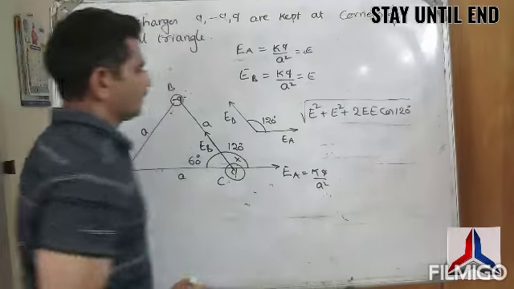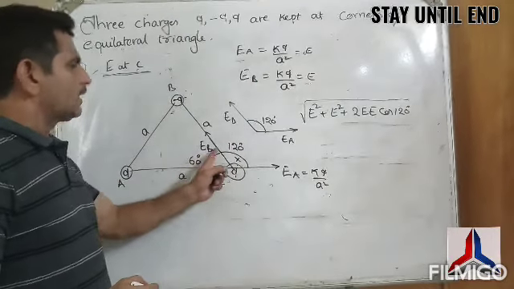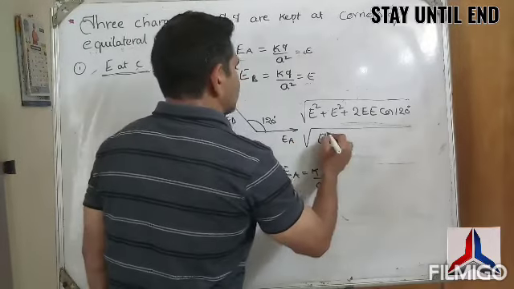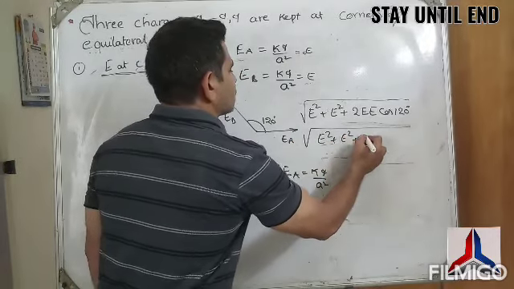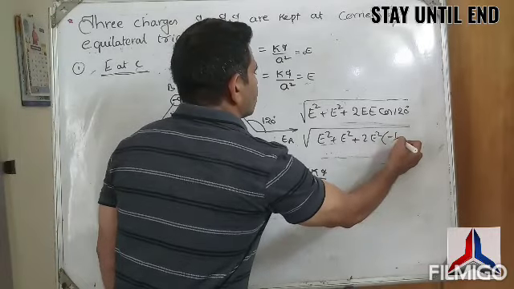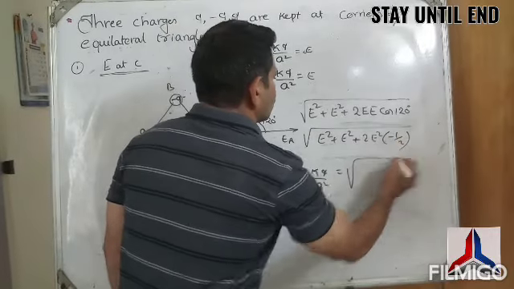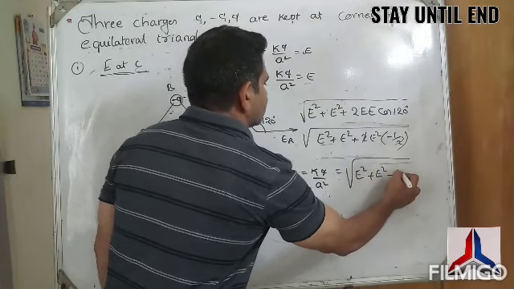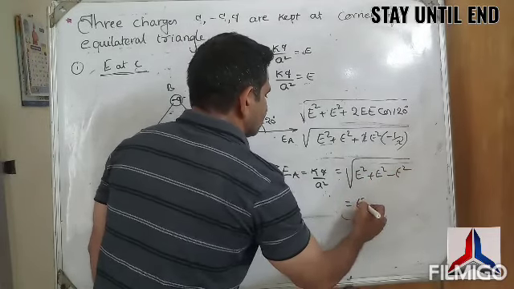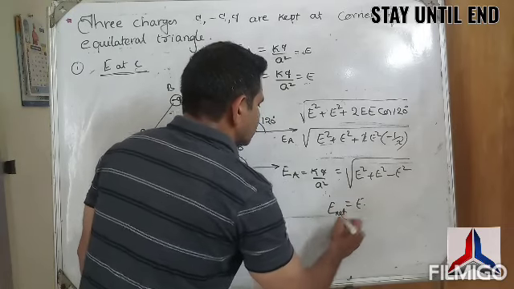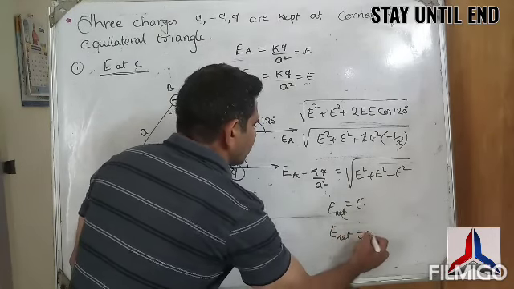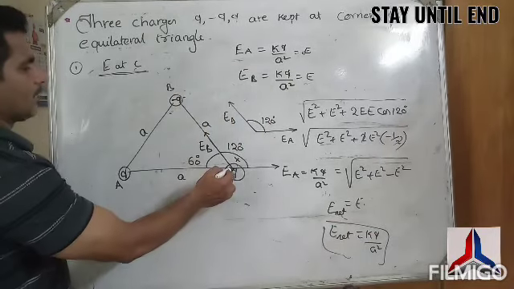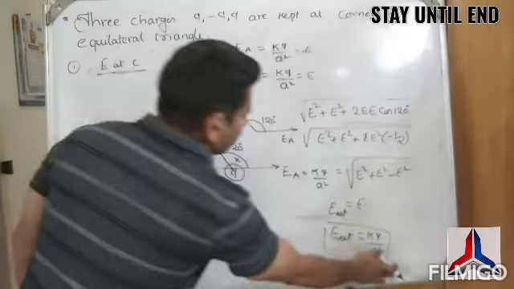The angle between these two vectors is 120, and cos 120 is minus 1 by 2. So root over E square plus E square minus E square. Therefore E net is equal to E, that is KQ by a square. At this point the electric field intensity is KQ by a square.